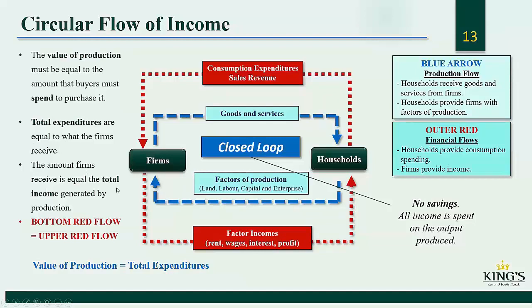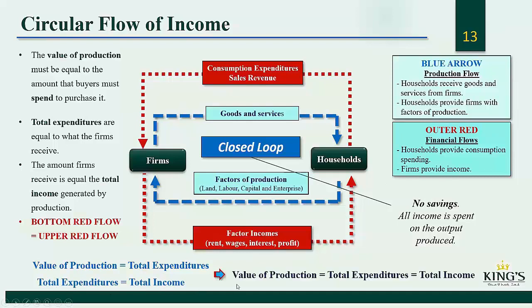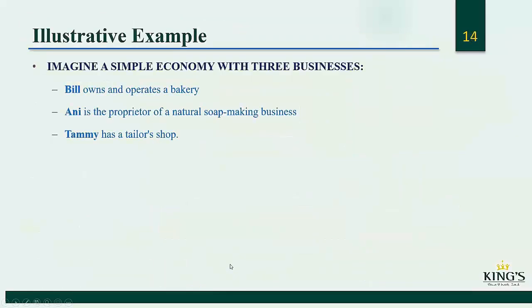The amount the firm receives is equal to the total income generated by production. Basically, we're just pointing out here that these two red arrows, the one on the top and the one on the bottom, are equal to each other. In other words, total expenditures equals total income. And so again, we have our identity: the value of production equals total expenditures equals total income.